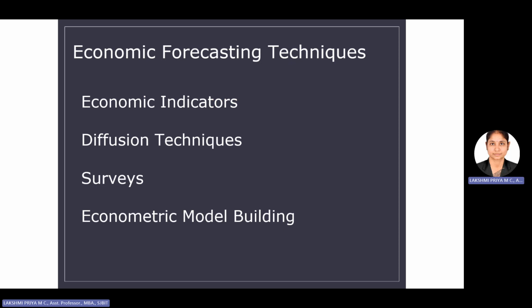So we learned which are the economic factors that in fact impacts the stock market as a whole. But how do you forecast the economic conditions? So there are many economic forecasting techniques to estimate stock price changes.